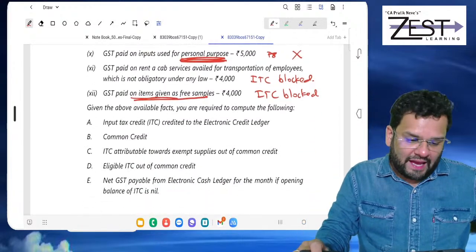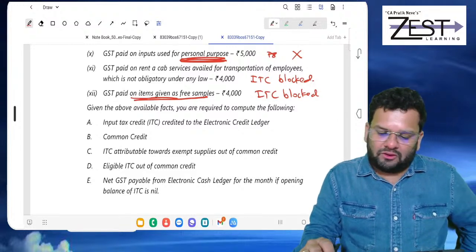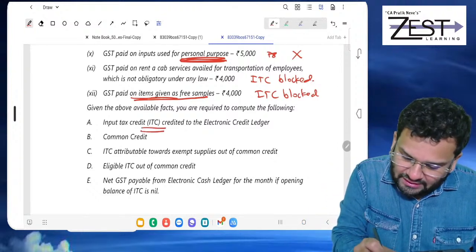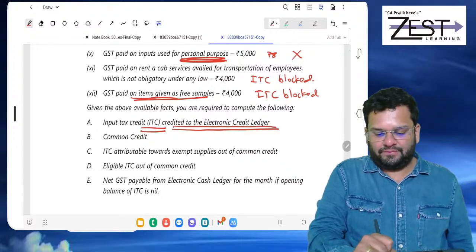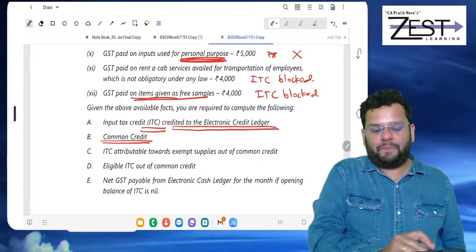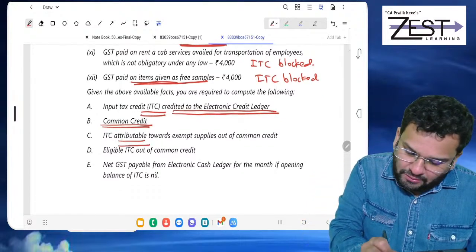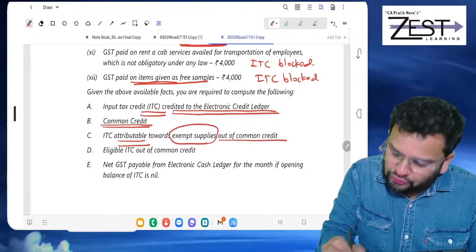Given the above facts, you are required to compute the following. What will you compute? ITC credited to e-credit ledger. Second, common credit. Third, ITC attributable towards exempt supplies out of common credit.